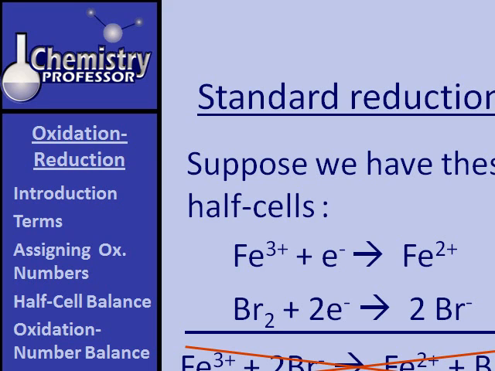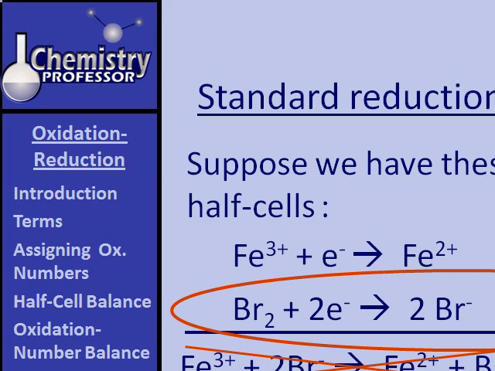Which half cell has the greatest reduction potential? And that's this one right here. And since it has the greatest reduction potential, then it's the one that's going to gain the electrons. The order of the half cells, and this is important, the order of those half cells. How did we devise that whole table anyway?